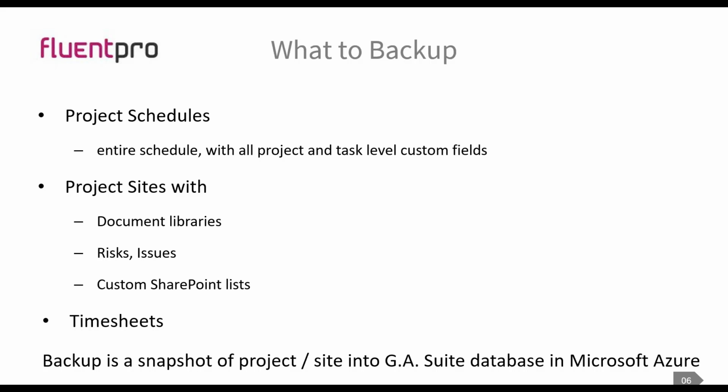We find that companies extend their configuration with critical information, with indicators, with additional attributes that track on both task level and project level, and loss of that information is also critical. Project sites are also a very important element.